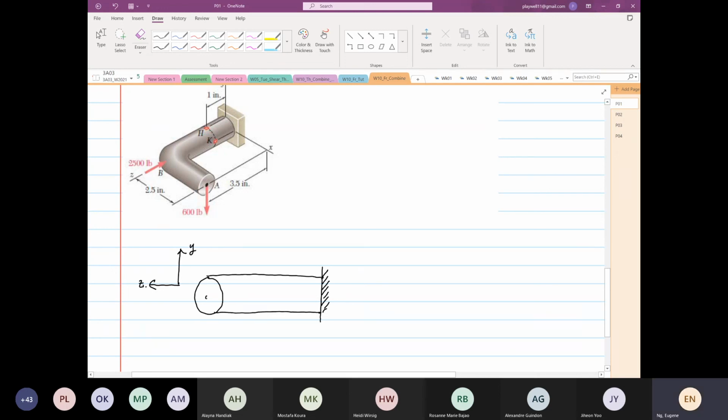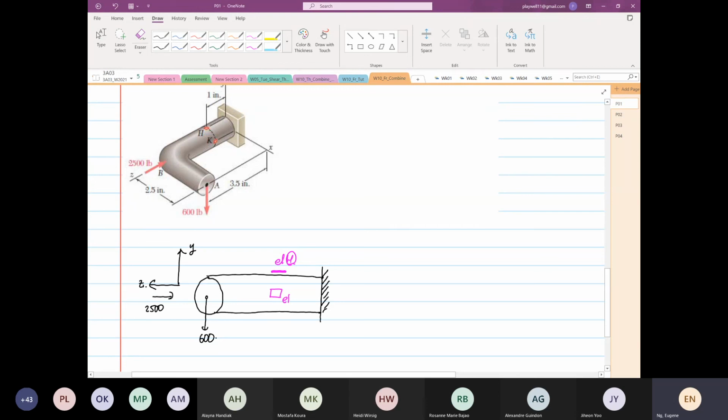You have a 600 coming down here, and then you will have a 2,500 over there. Then if I draw, construct element H. Like what I always tell you guys, look at element H. You all should be able to break this down very easily, given how I taught you.